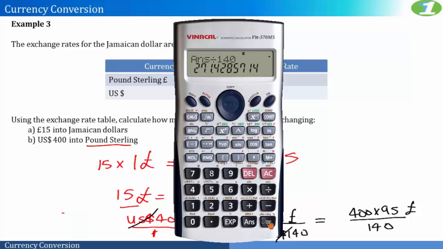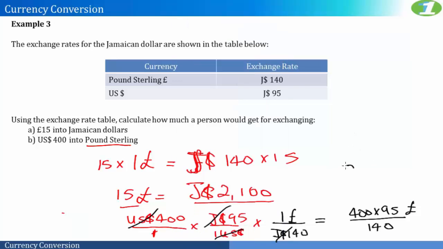This leaves us with 271.43, so this is 271.43 pounds. Not bad. You could go ahead and work this a long, drawn-out way, but it really would not change the answer. So your answer is 271 pounds.